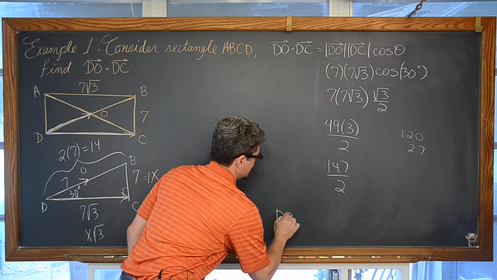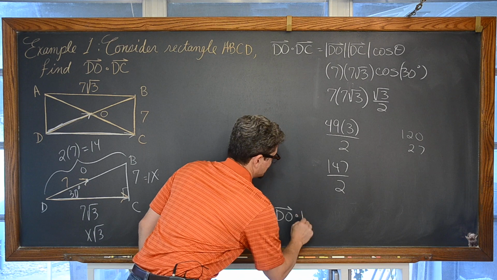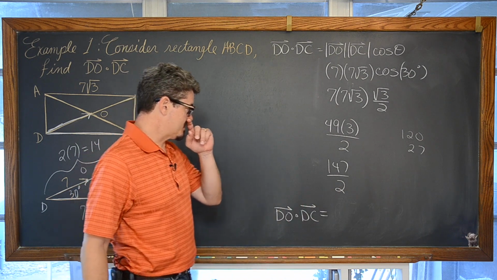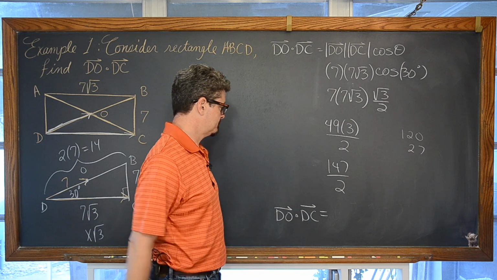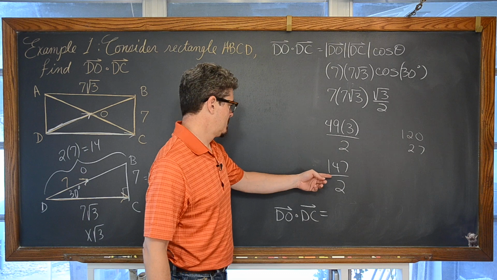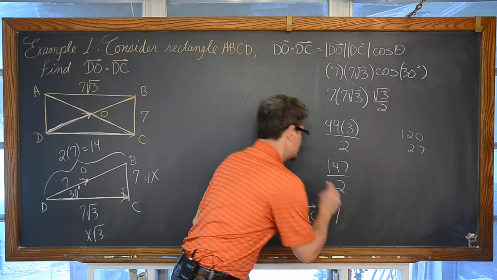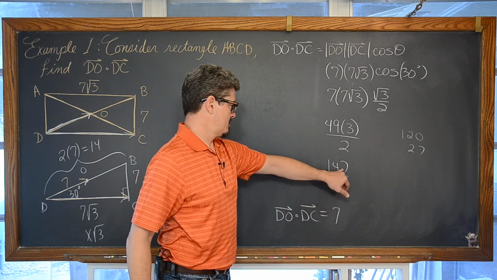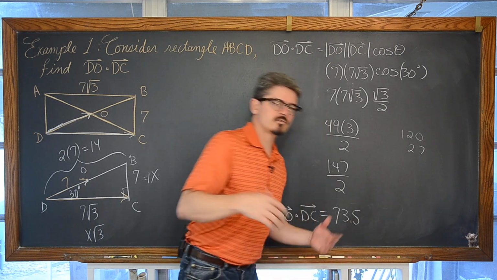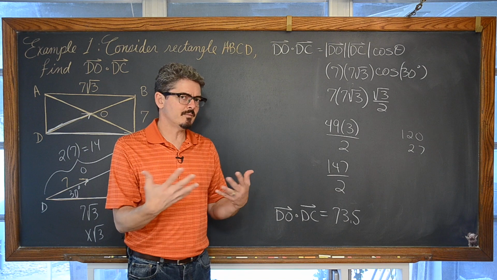Teachers make mistakes too. I make more than I would like to admit. We have 147 over 2, which, if we want to take the time to make this a decimal, is 73.5. And it's not degrees. You're not finding the measure of some angle.